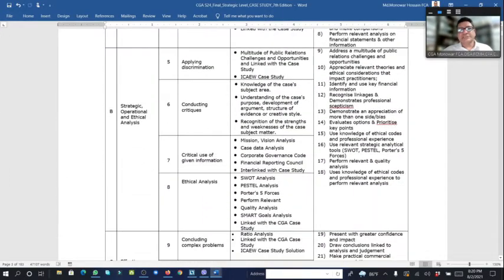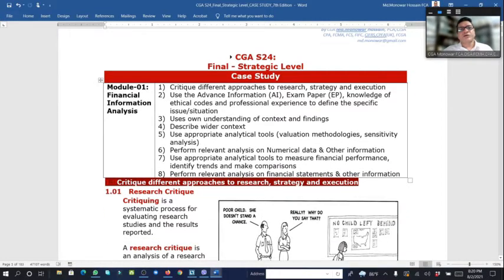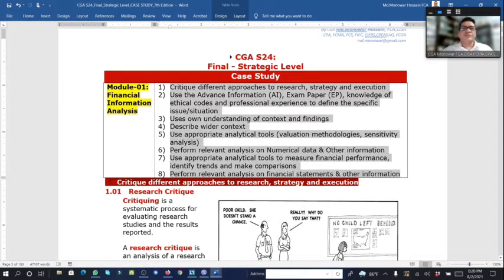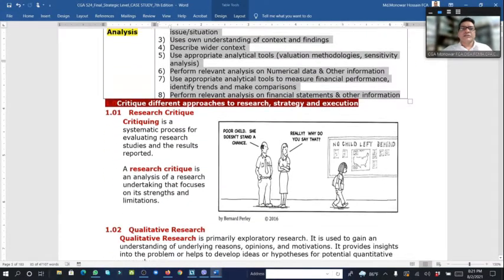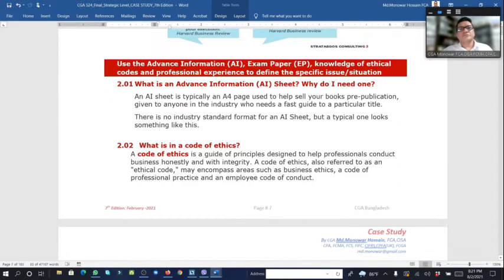So today we are going to discuss Module-01, Financial Information Analysis. These items are all for the academicians, but we will discuss what we need.